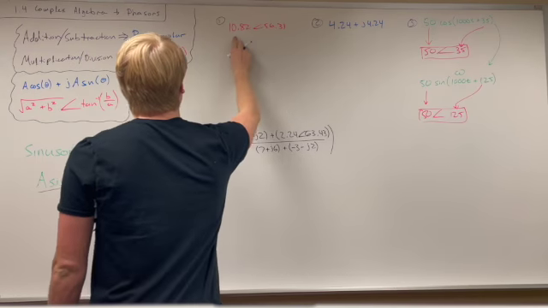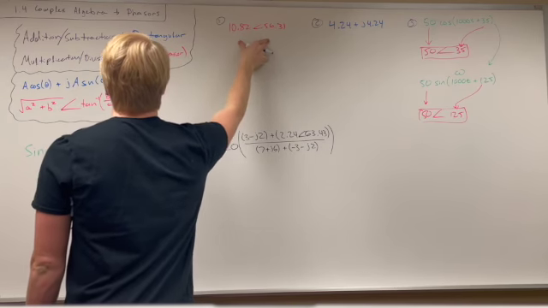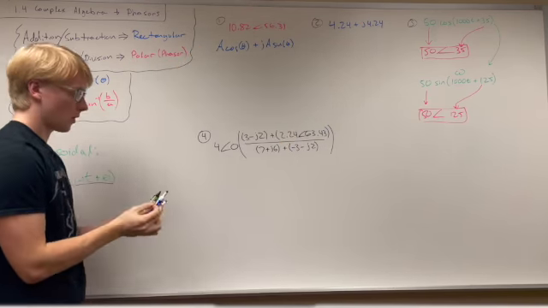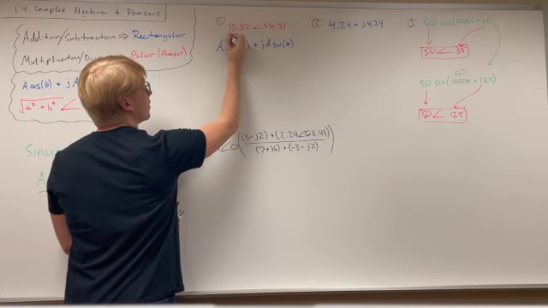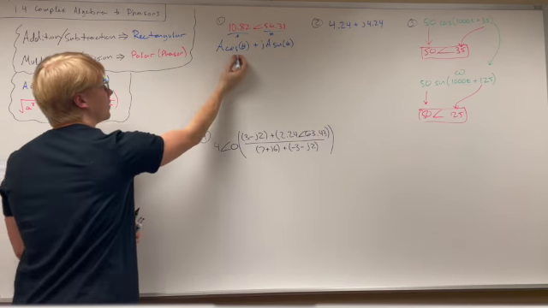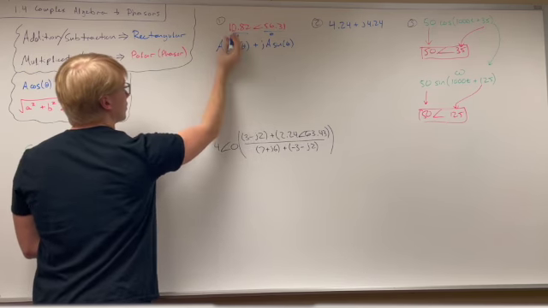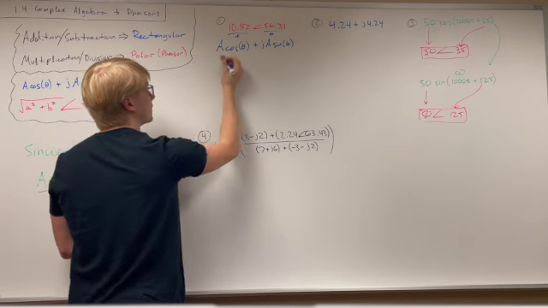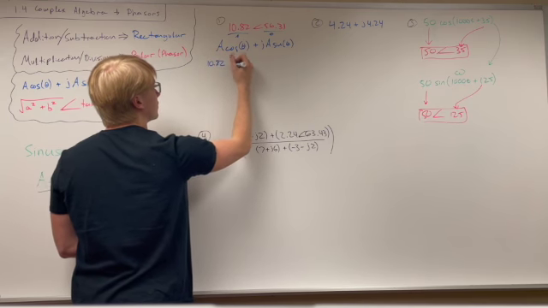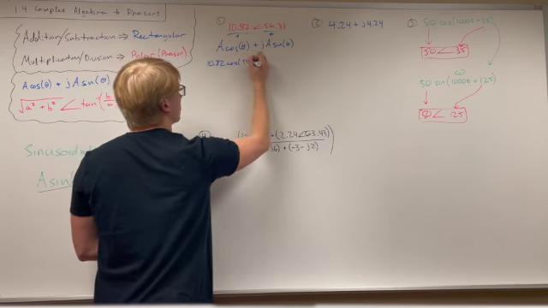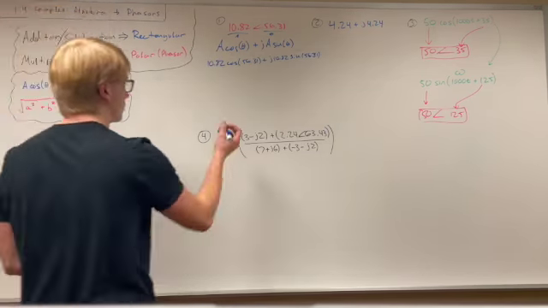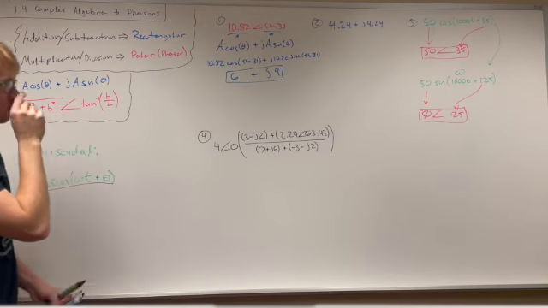So we're going to convert this polar form to rectangular form. This right here is our A, and this right here is our theta. This is our equation to go from polar to rectangular, and the math is set up as cosine.